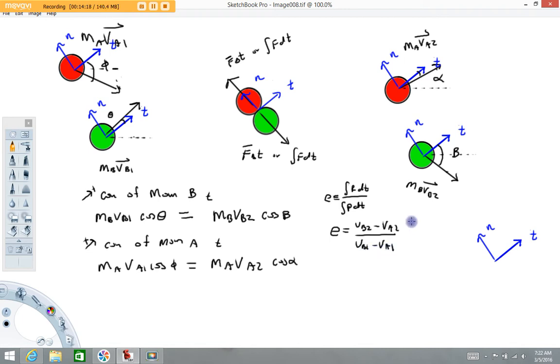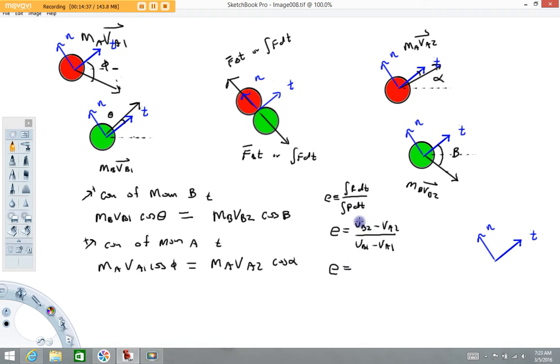It's important to realize that this applies only in the normal direction. So this vB2 is not the magnitude of this vector; it would be the n component of it. So when we write this out, we're going to have coefficient of restitution equals.